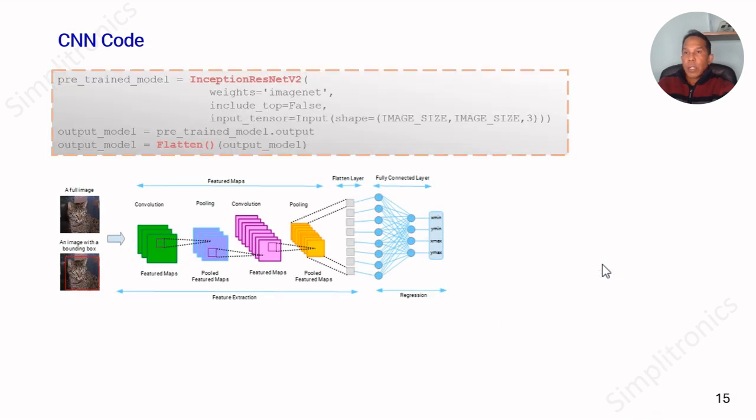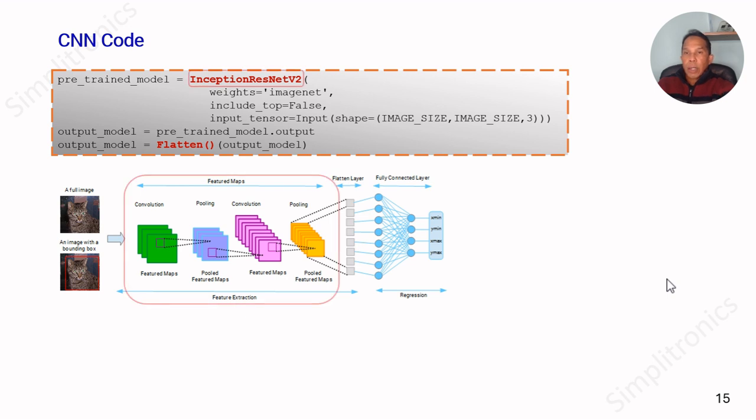CNN code. So here is a snapshot of the CNN code. We use Inception ResNet v2, and then we flatten the feature maps using this command, flatten.